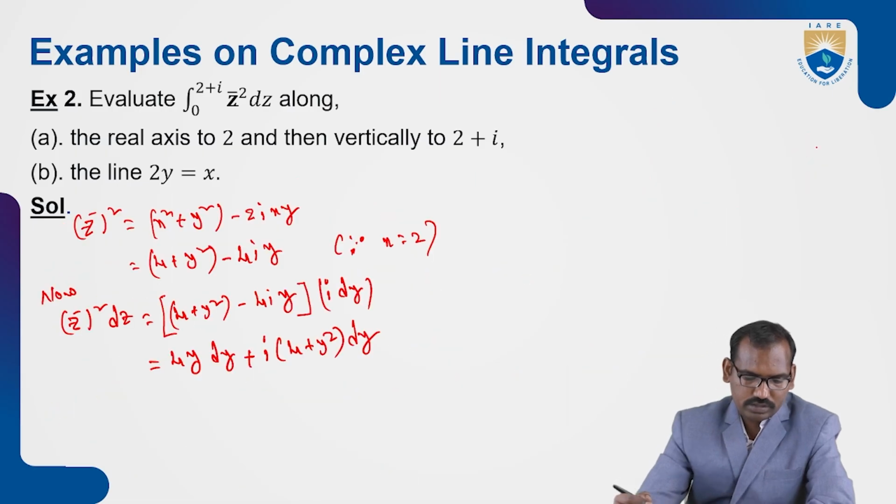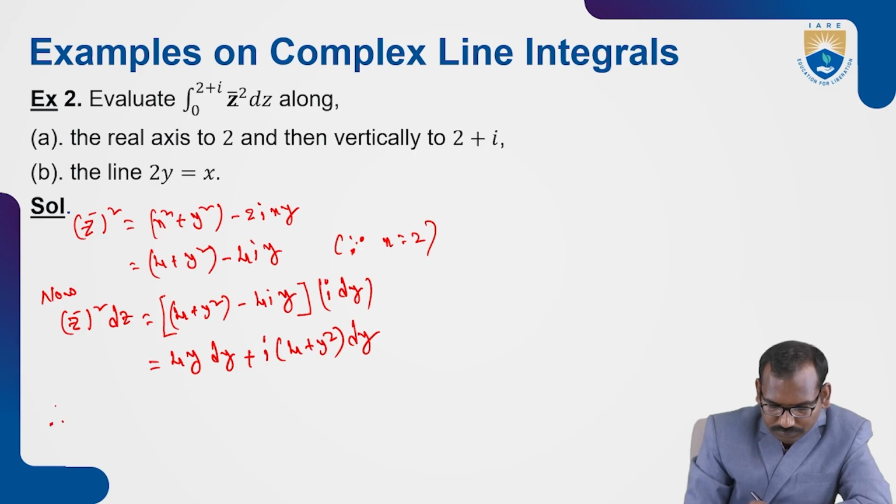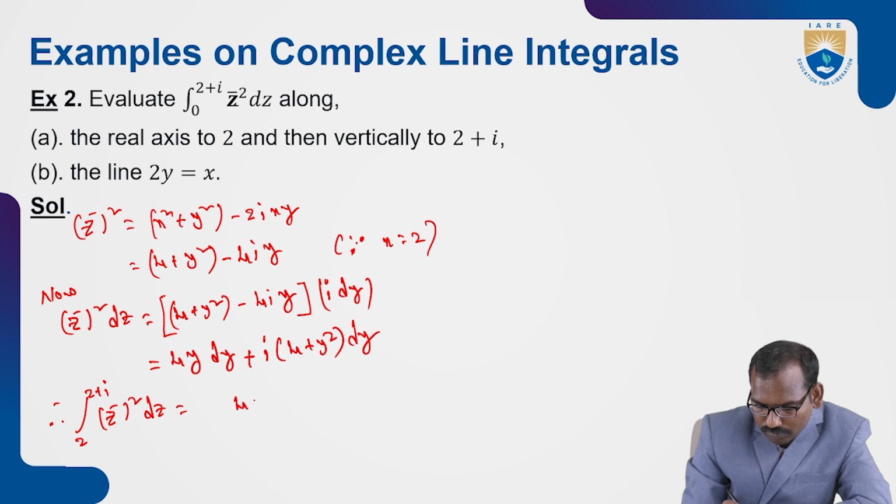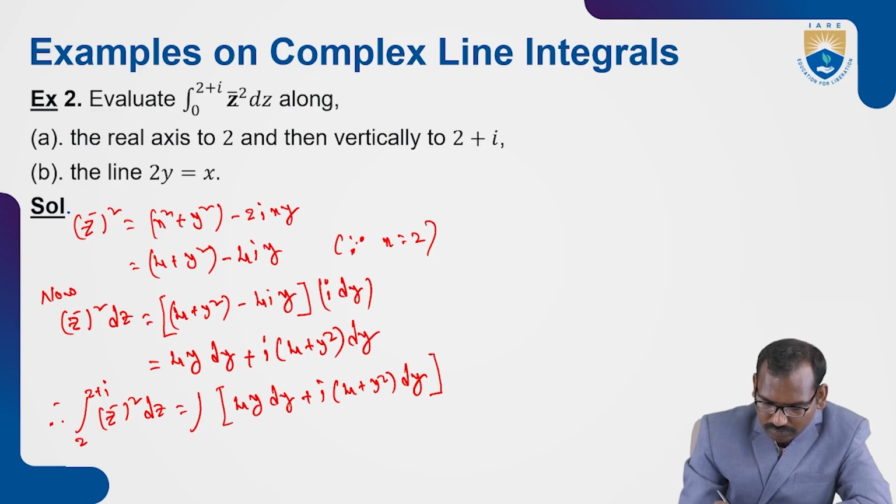So therefore, the integration from 2 to 2 plus I of z bar whole square dz, I am writing as 4y dy plus I times 4 plus y square dy. Here we take y varying from 0 to 1.